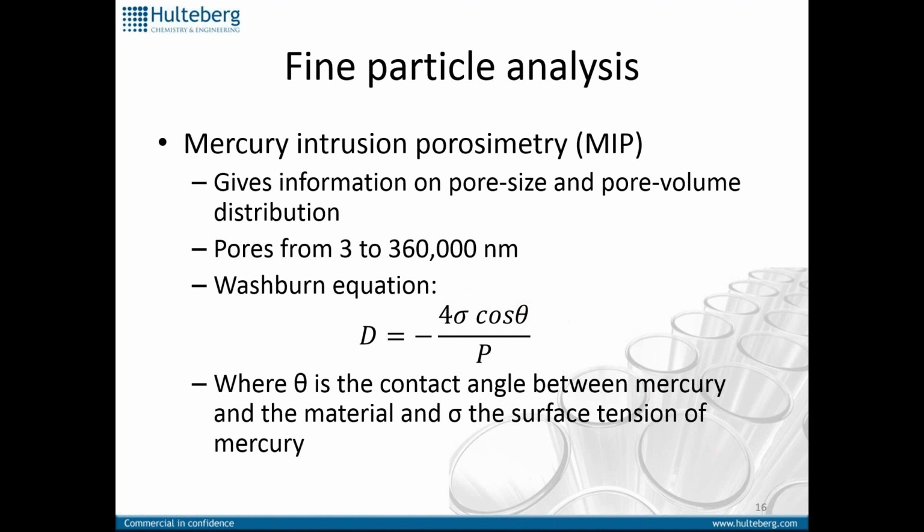And this only applies for materials that are non-wetted by mercury. So you have to have a contact angle higher than 90 degrees, so it cannot wet the material. Then you increase the pressure, and the higher the pressure, the smaller the pores we can force the mercury into.